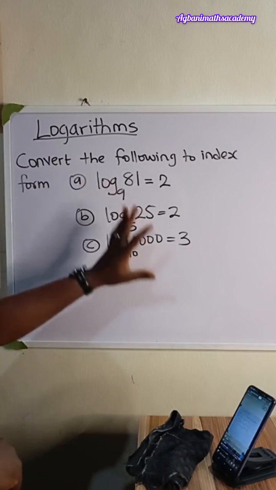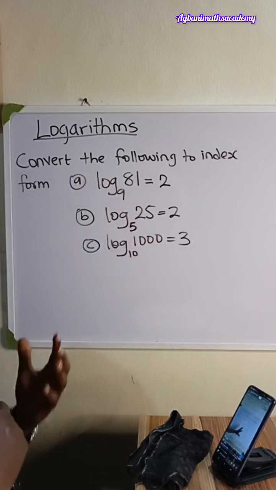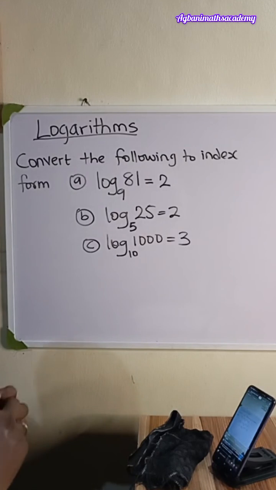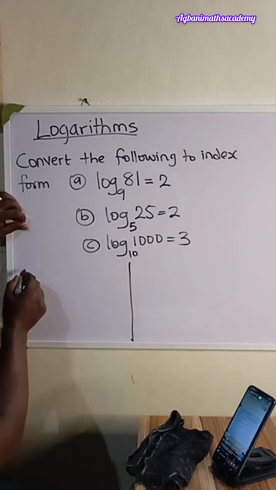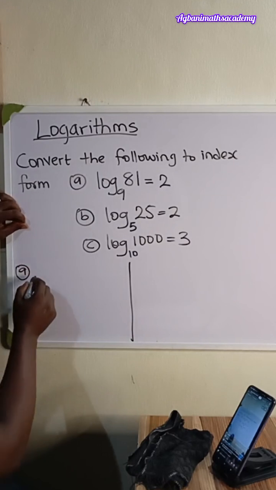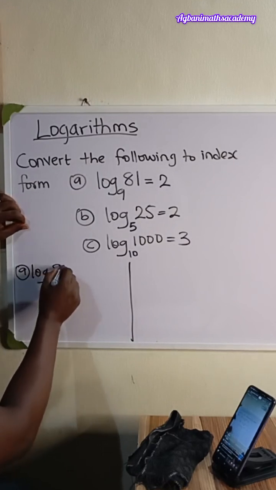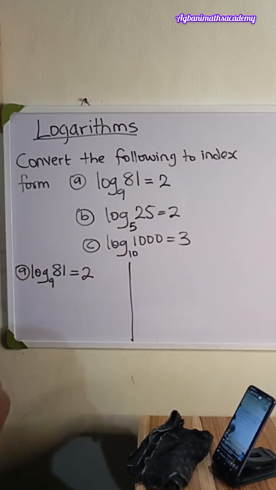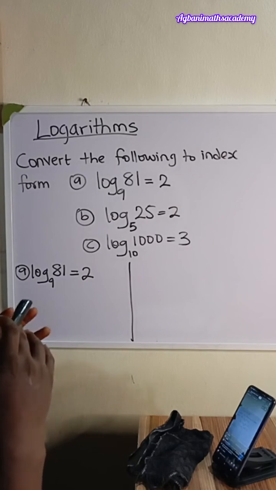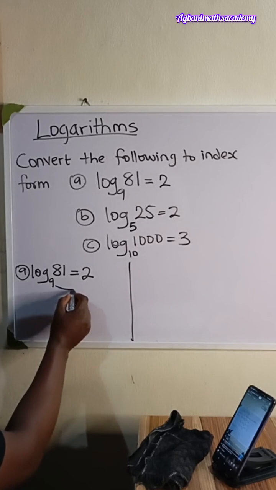So let's convert these values into index form. They are all in logarithmic form, but they can be converted to index form. So let's look at that. So A, we have log 81 base 9 is equal to 2. So if we are moving back to index form, all we need to do is move this base across this way.